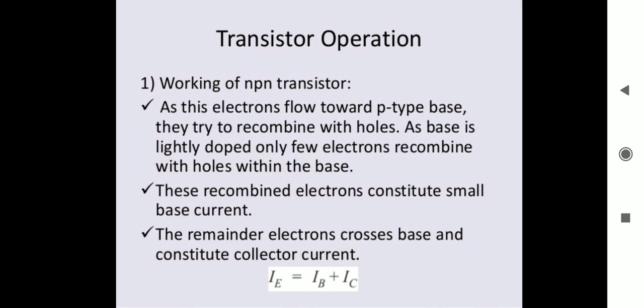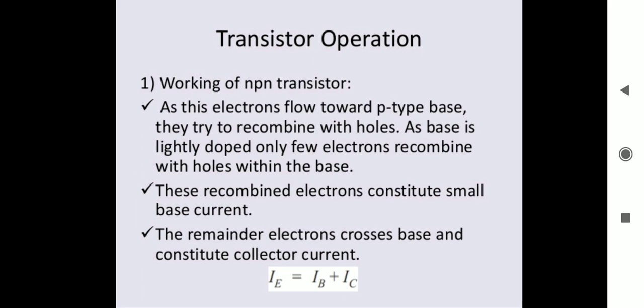Hence, about 2% of electrons will flow out of base due to recombination. The remaining 98% of electrons cross the reverse biased collector junction to constitute the collector current. They cross the collector region and are collected by the supply.